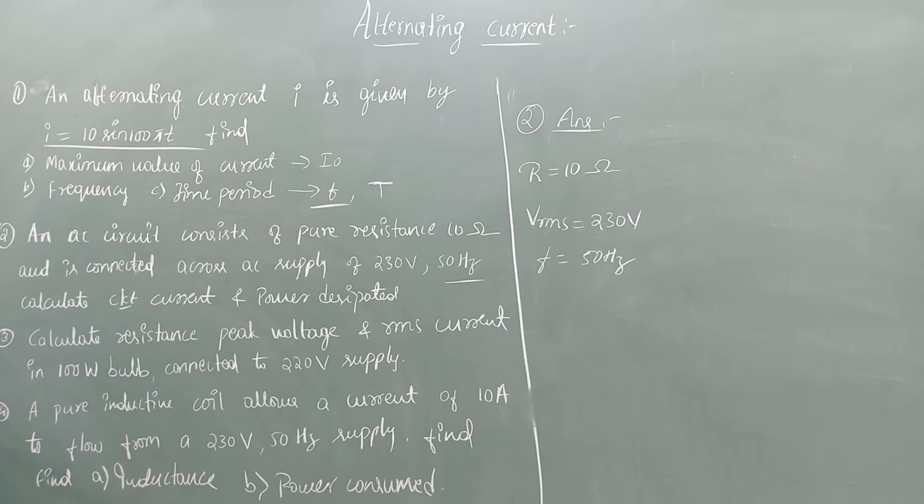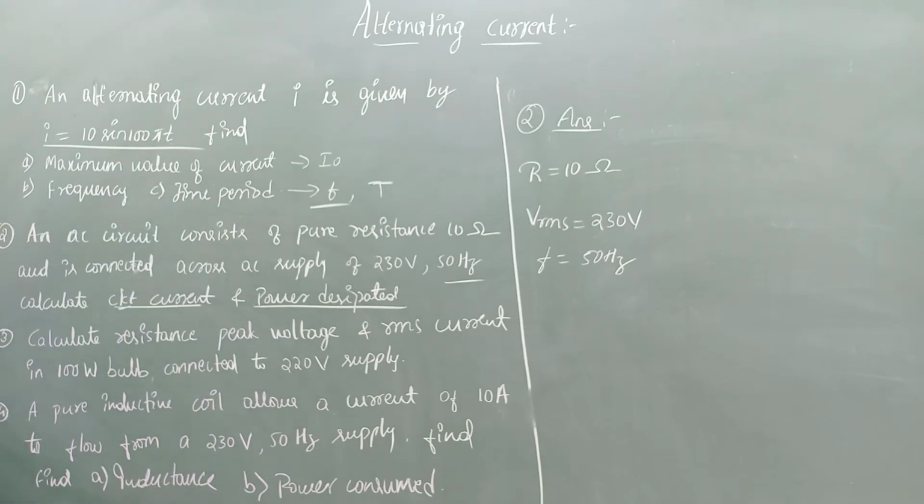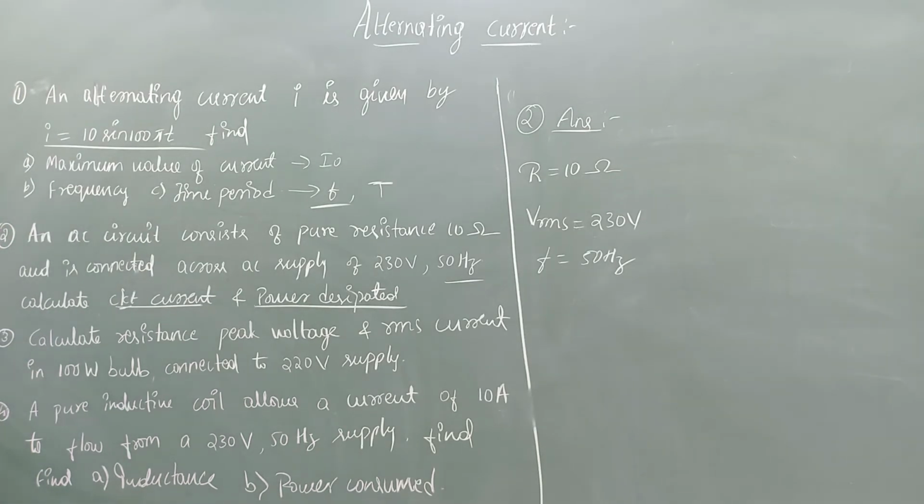Now what we need to find? Calculate the circuit current and the power dissipated. How to find the value of circuit current?